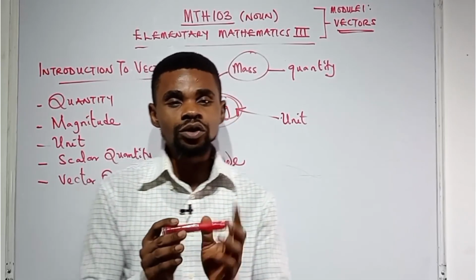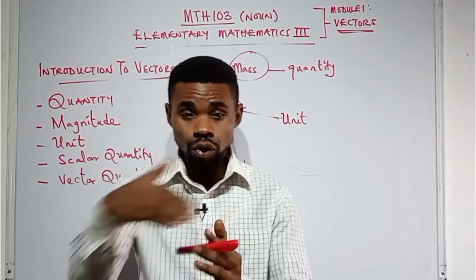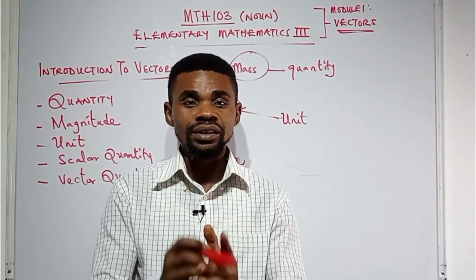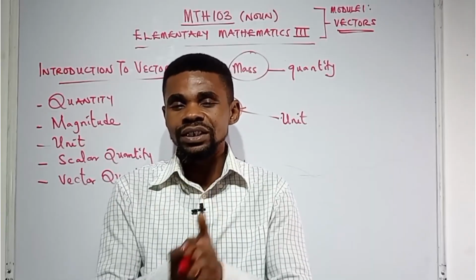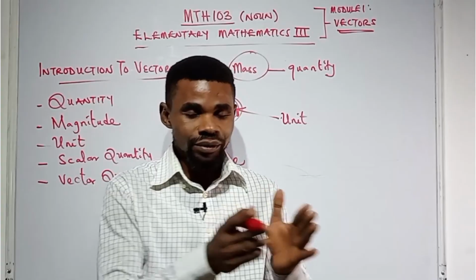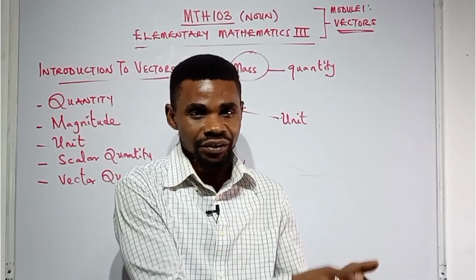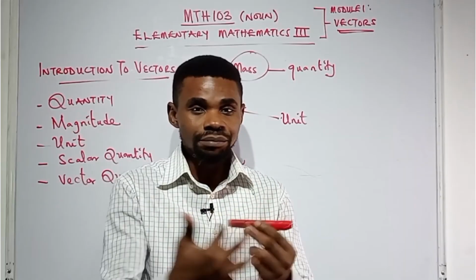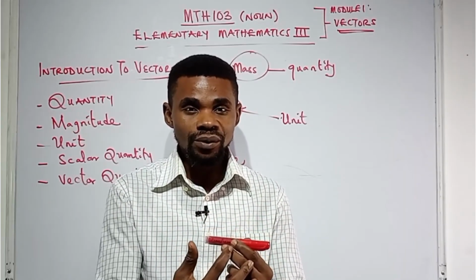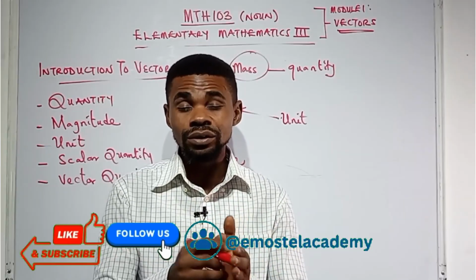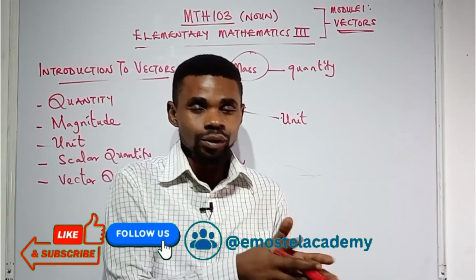But displacement is also a measurement of distance, but in its own case it is a measurement of distance traveled in a specific direction. You get that? So displacement is distance traveled in a specific direction, while distance is just the length between two points.